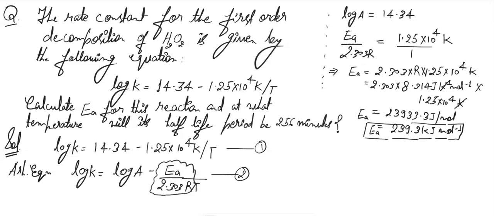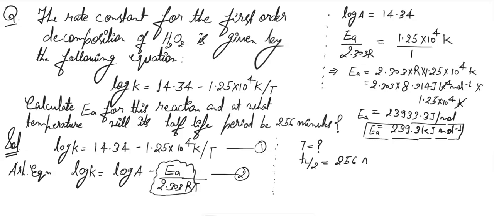Now we need to calculate the second part, which asks at what temperature the half-life will be this. It means it is asking about the temperature. We need to find the temperature when T half is given as 256 minutes.